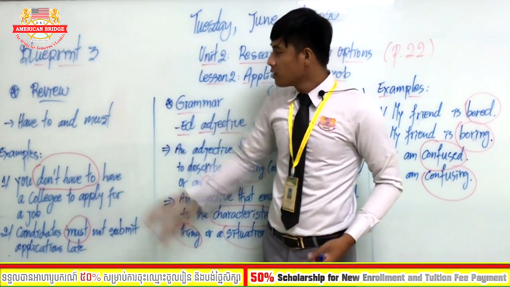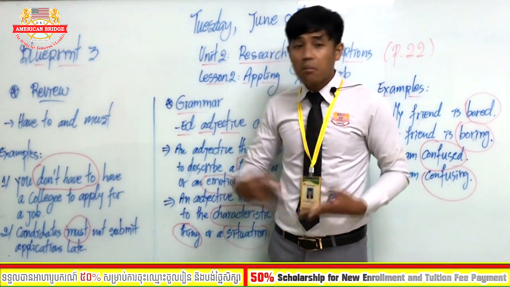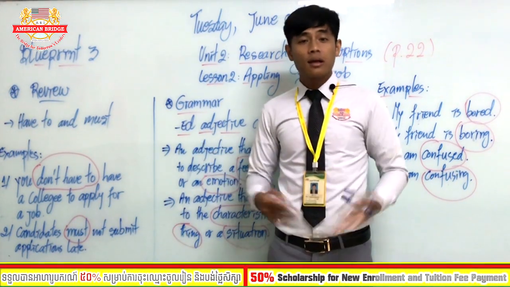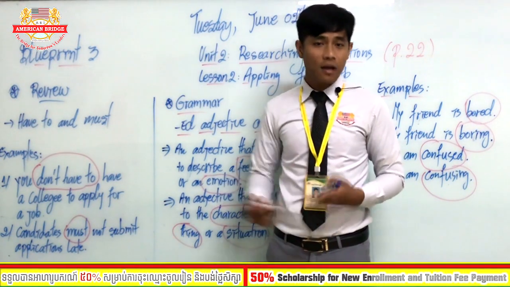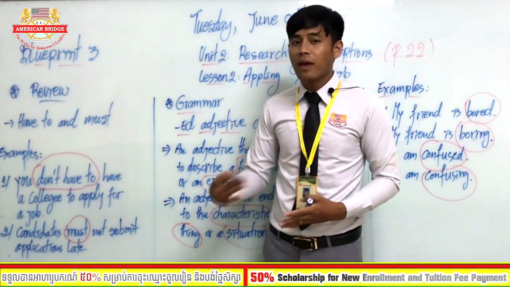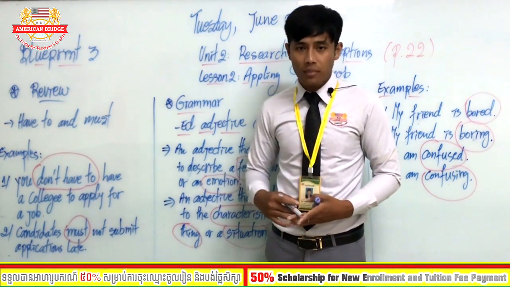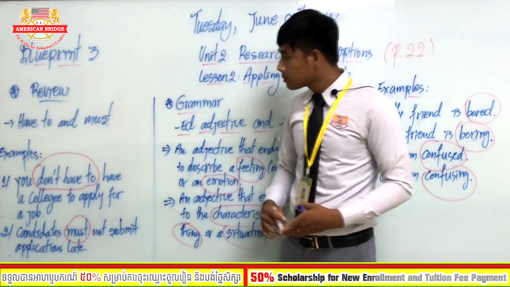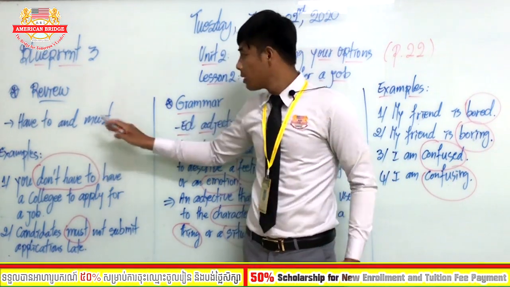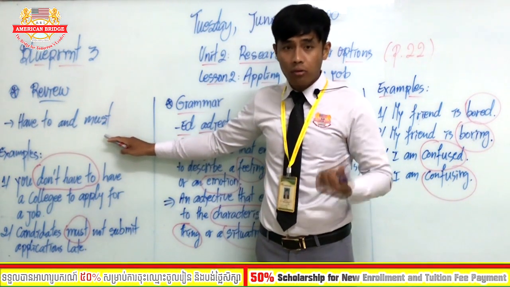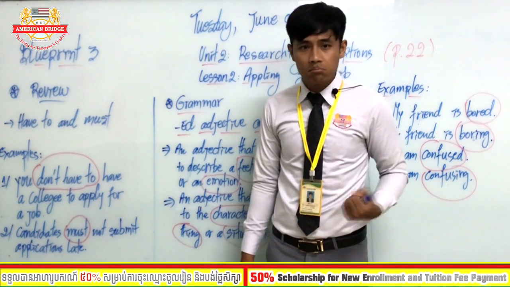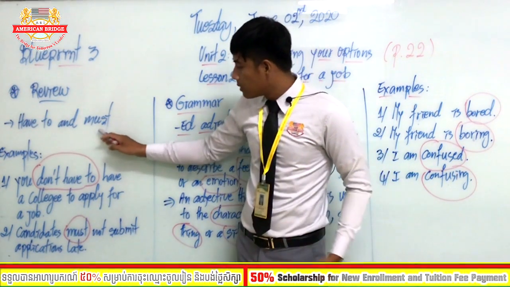Must is more formal and much more common in writing than conversation, while have to can be more common in conversation. Must talks about rules. If we talk about a rule, we have to say must. Very good, everyone.